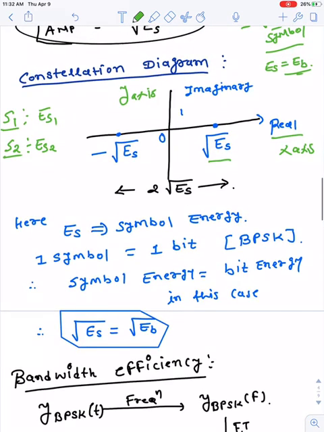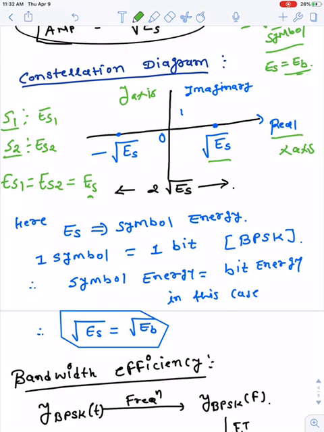So we can say the energy of symbol 1, ES1, is equal to the energy of symbol 2, and that can simply be written as the energy of symbol ES, because both have the same energy. So we can denote ES as the energy per symbol.